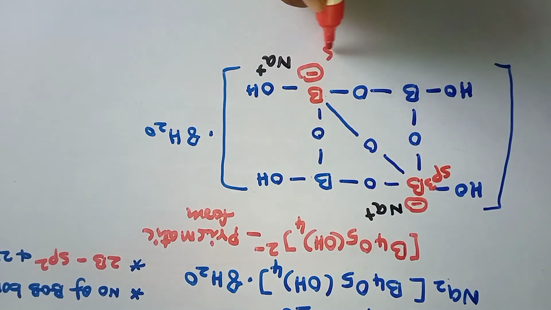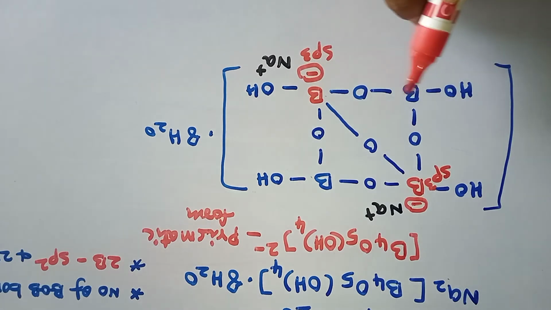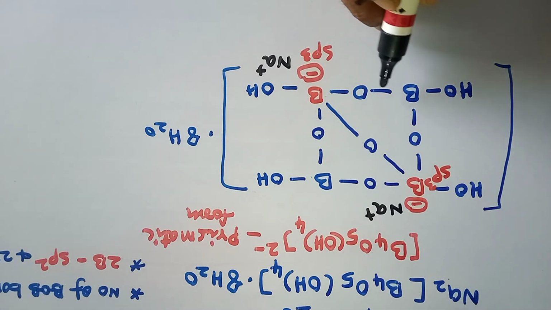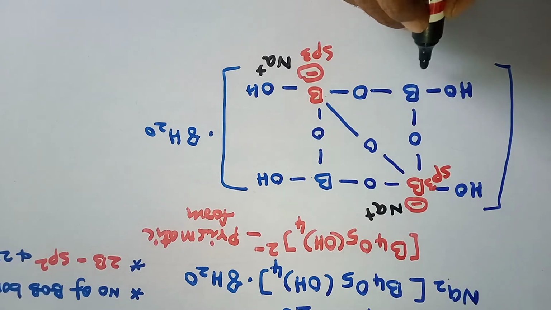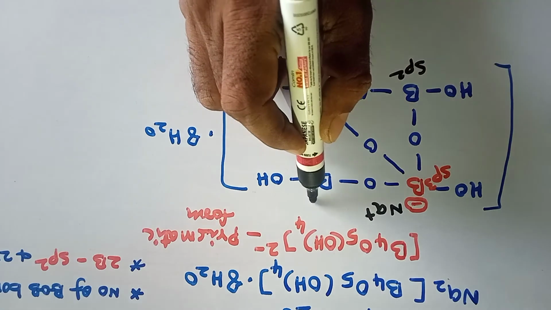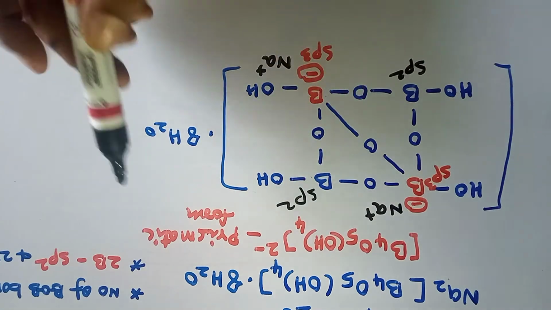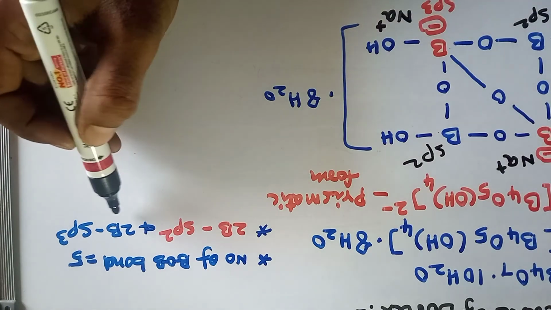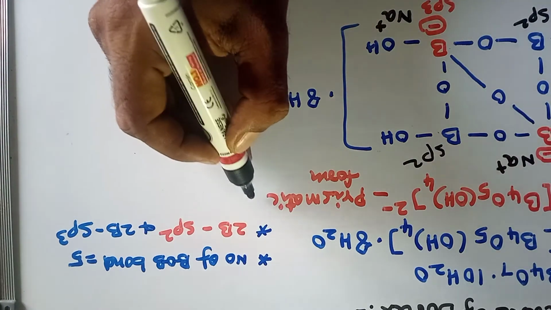This boron also has sp3 hybridization because it has 4 sigma bonds. This boron has 3 sigma bonds, so it is sp2 hybridized. So 2 borons are sp2 hybridized and 2 borons are sp3 hybridized.